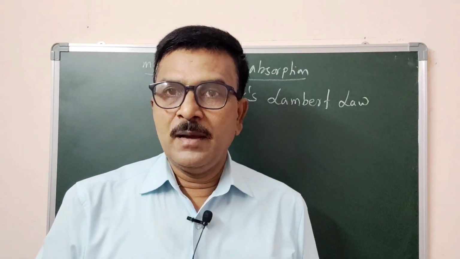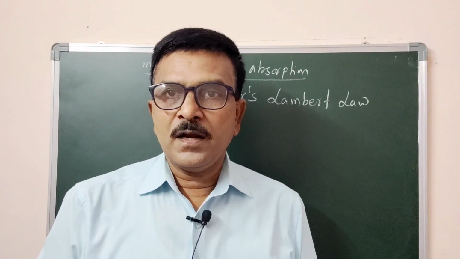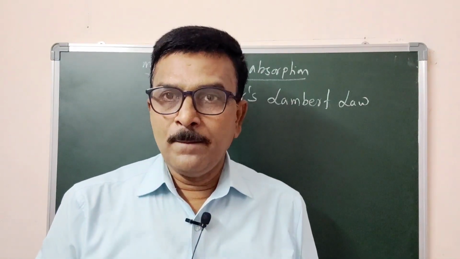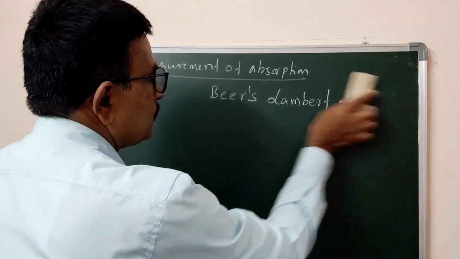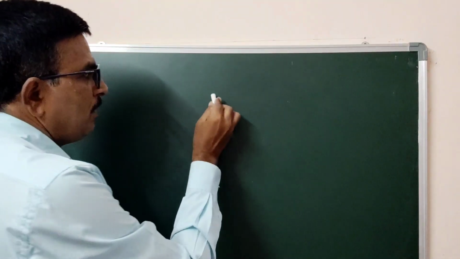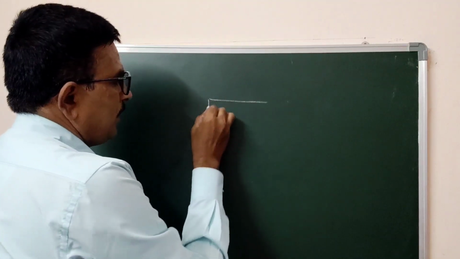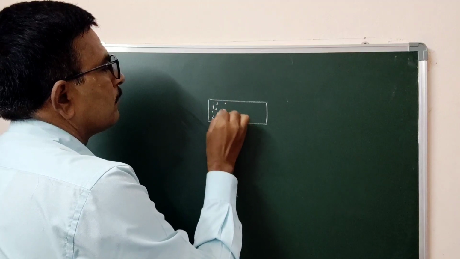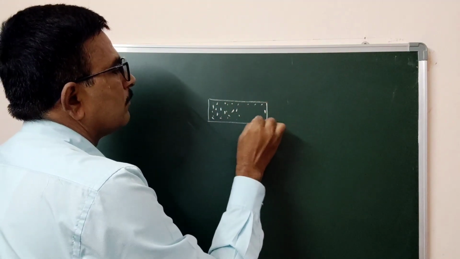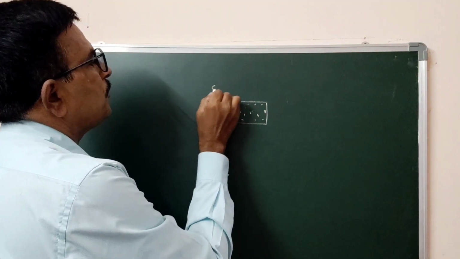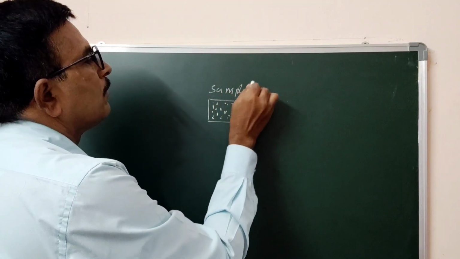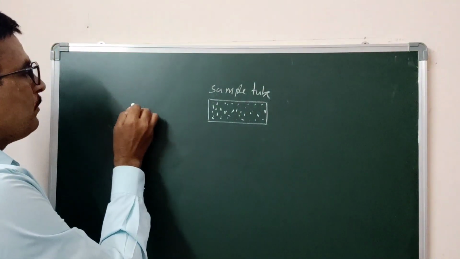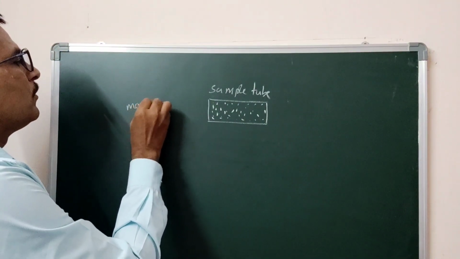According to the Beer-Lambert law, when a monochromatic light is passed through a sample molecule, say for example, we have a sample molecule taken into a sample tube. Say this is the sample tube.